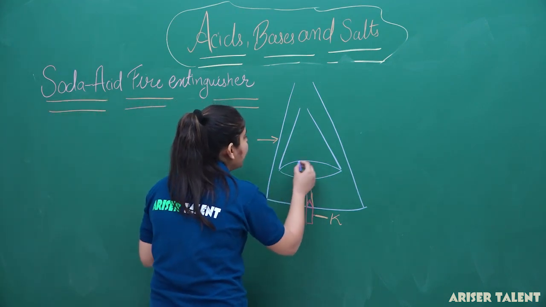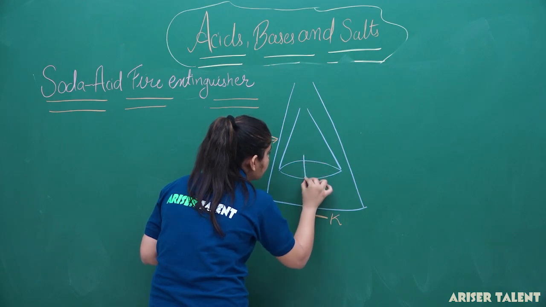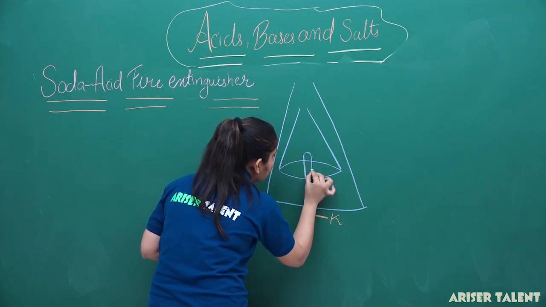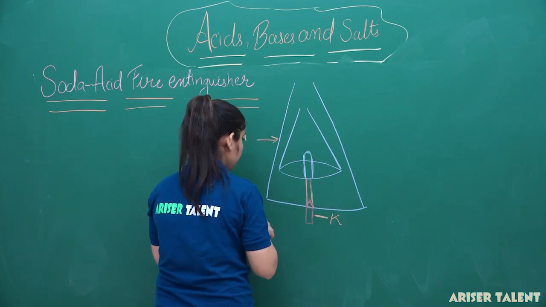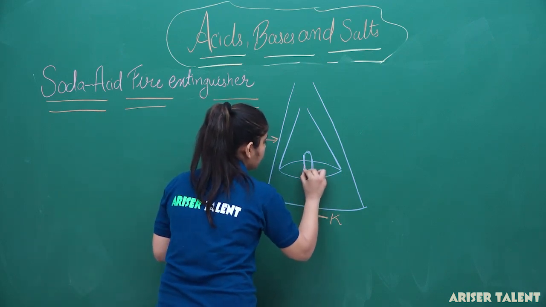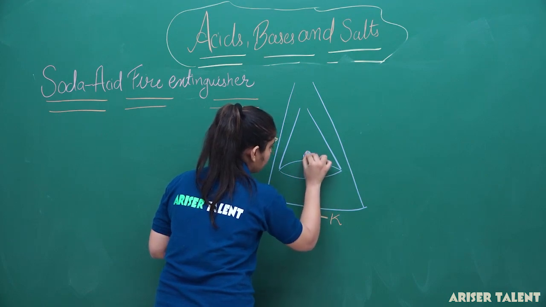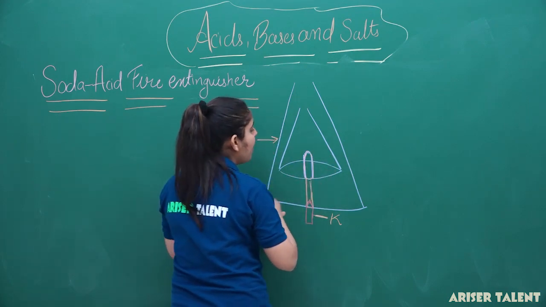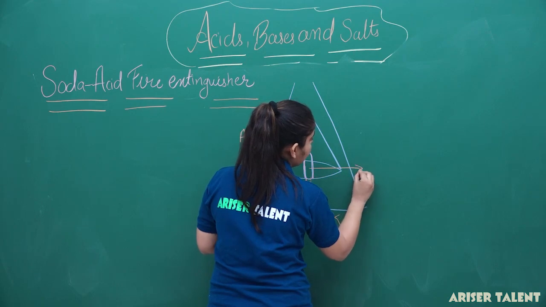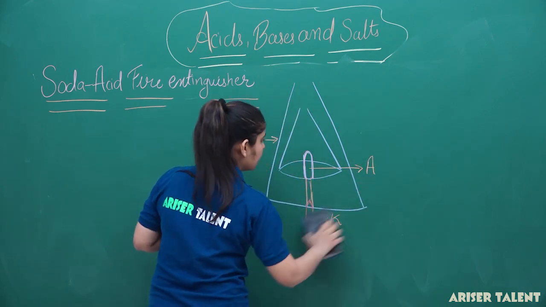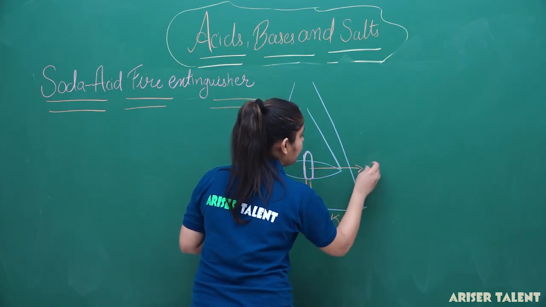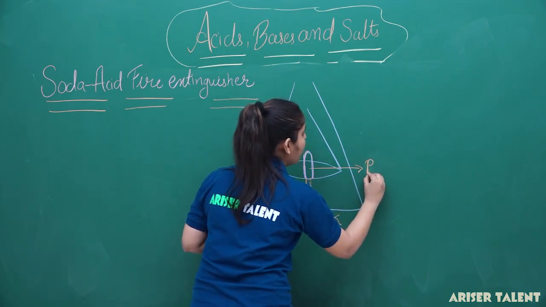So I am taking an ampoule over here. This is our ampoule. Ampoule can be denoted as P. P is for ampoule.